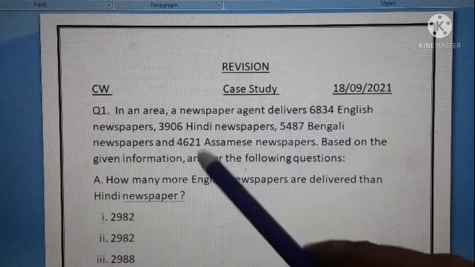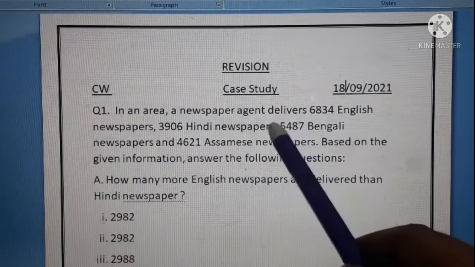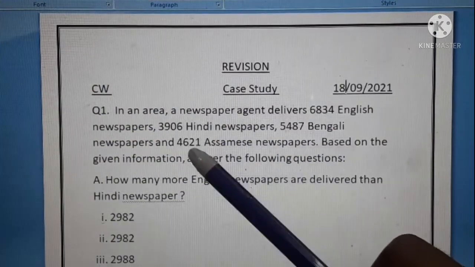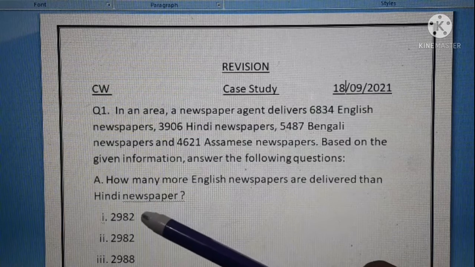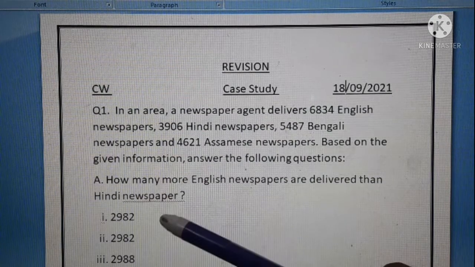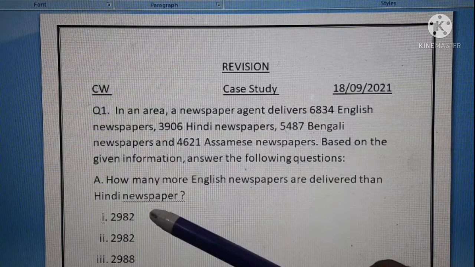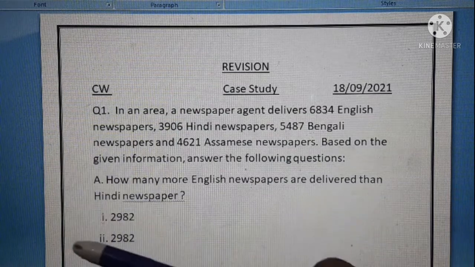Now children, this is the situation. This information you got from this question, right? That in one area, like your area, all types of newspapers are distributed, right? English, Hindi, Bengali, SMS, all languages. So this information you got.